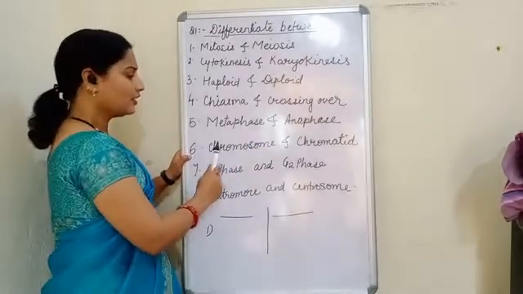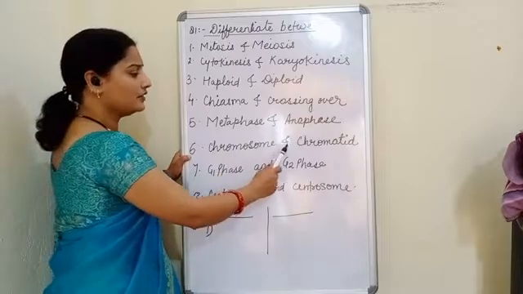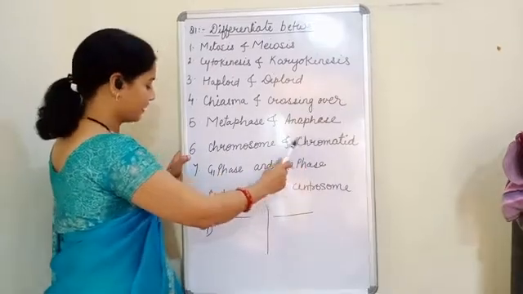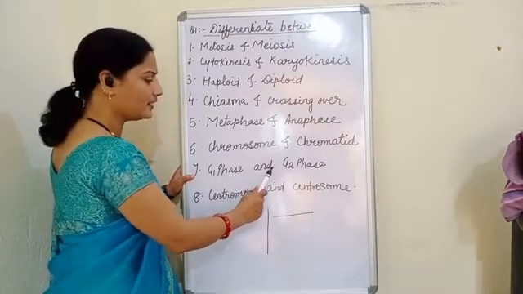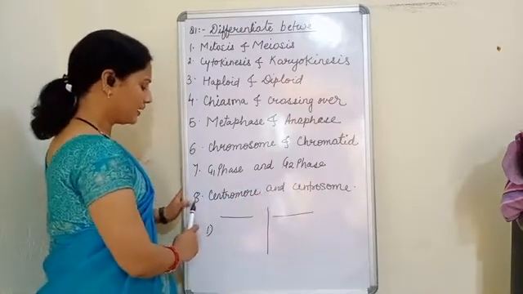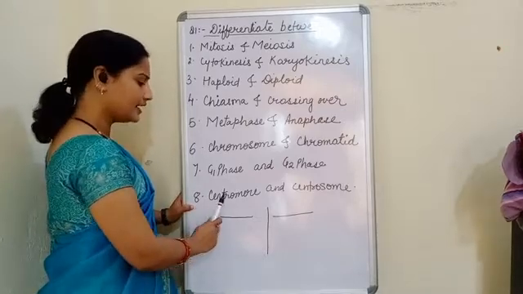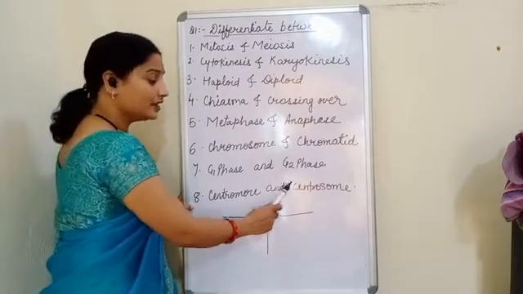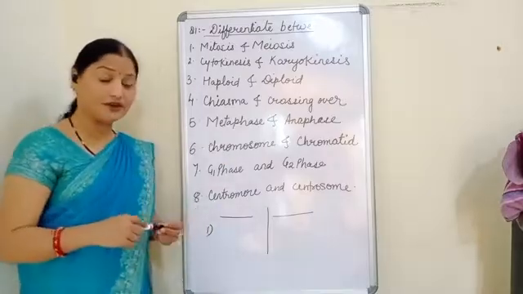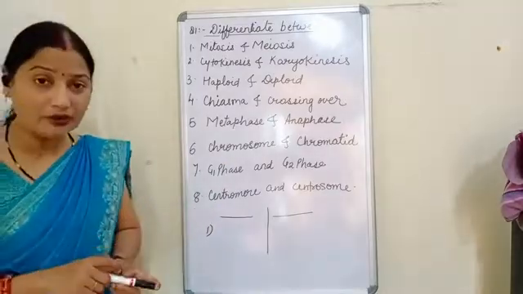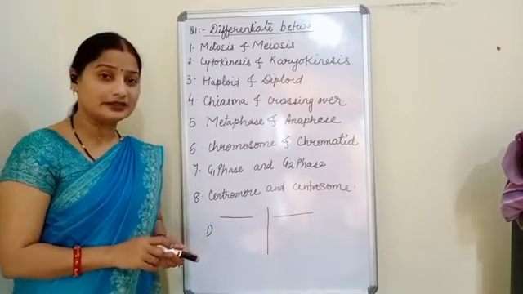Sixth is chromosome and chromatid. Seventh, G1 phase and G2 phase. And last difference is centromere and centrosome. Okay. Now look at this carefully so that you can note down and then you can write their answers.